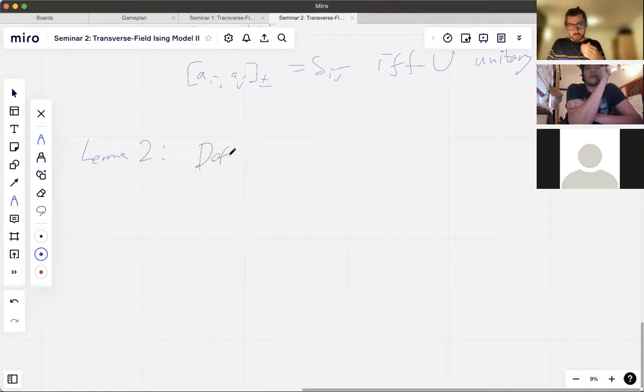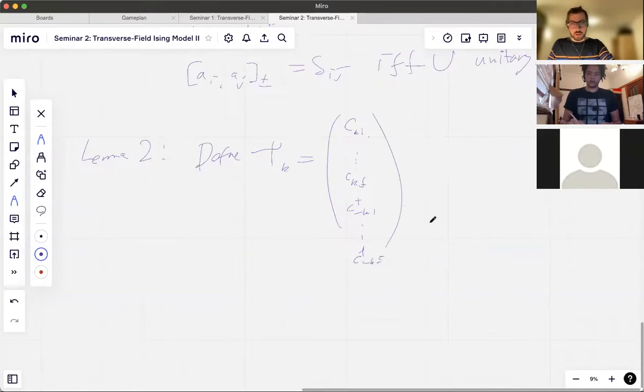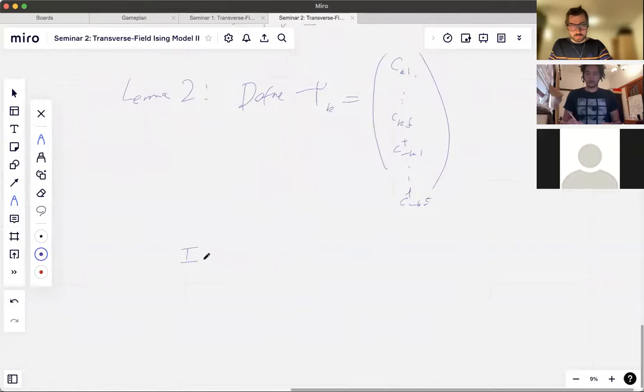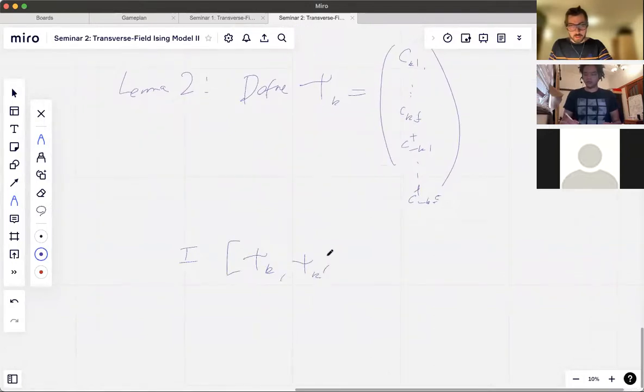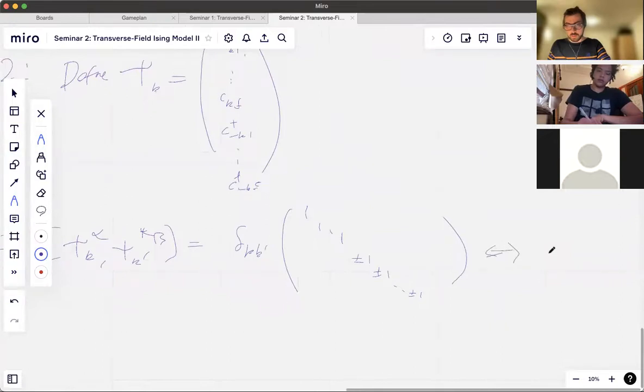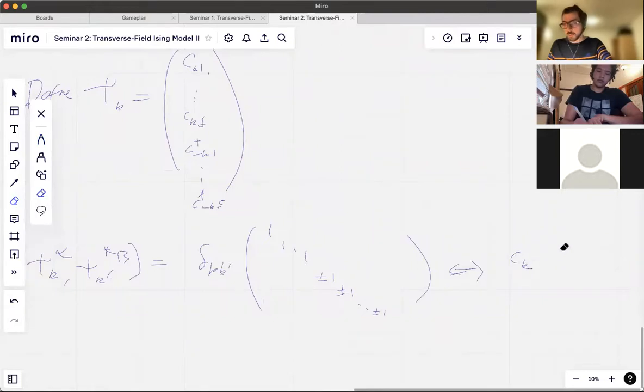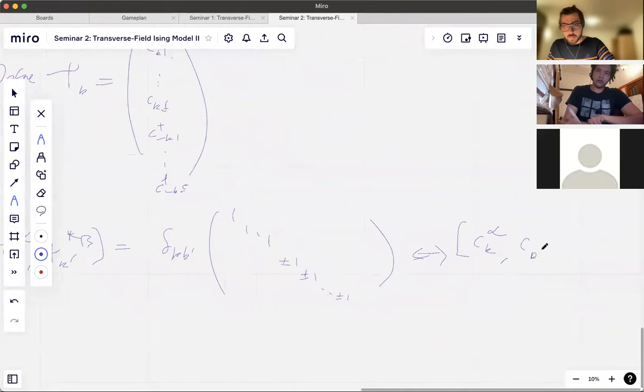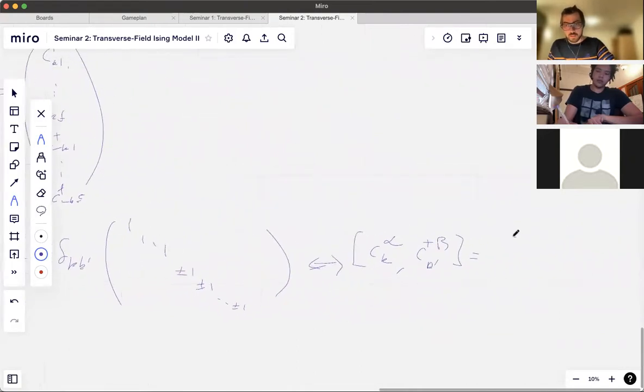If you define a spinor psi_k as (c_k1 ... c_kf, c†_-k1, ... c†_-kf), then first of all, the commutator of psi_k and psi_k' star, alpha beta, equals delta_kk' times (1 1 1 1, plus-minus 1 plus-minus 1 plus-minus 1), if and only if the c_k are bosons or fermions, i.e. the c_k obey canonical commutators, i.e. the commutator of c_k alpha and c_k' beta dagger is plus or minus delta_kk' delta_alpha beta.